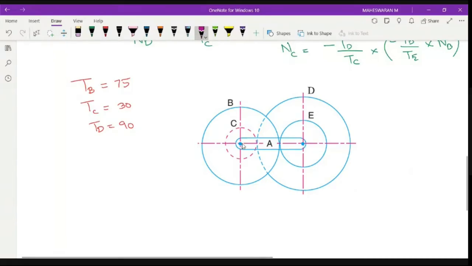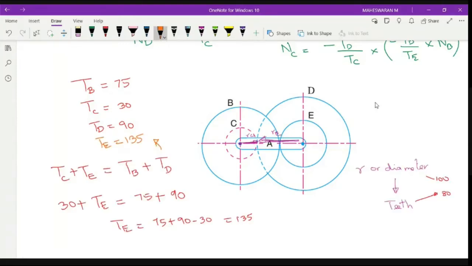If I consider here, this is my RC, and this is RE. RC plus RE will be equal to RB plus RD. RC plus RD is equal to TB plus TE. This is my relation.